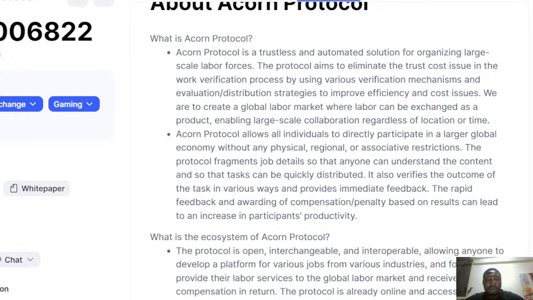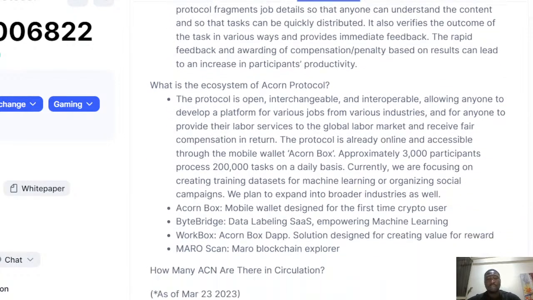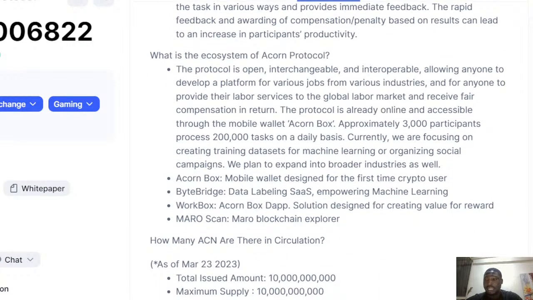The rapid feedback and awarding of compensation and penalties based on results can lead to an increase in participant productivity. All these points are very important that we need to take note of, and it is very important that we understand all these factors when looking at what the market is really all about.